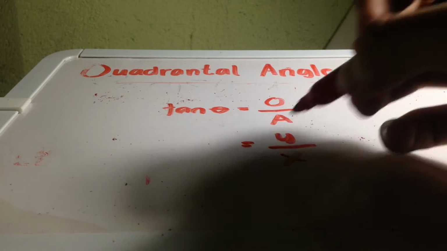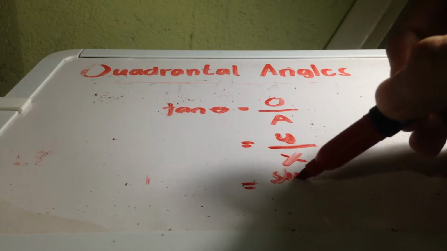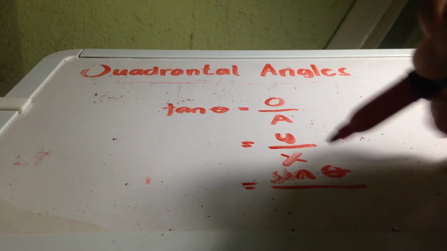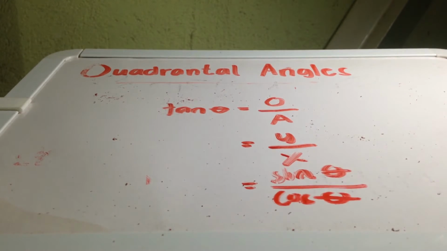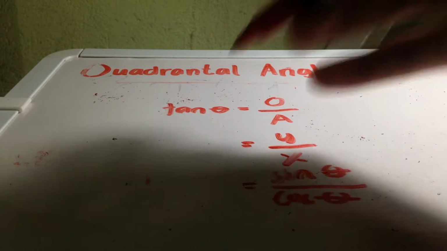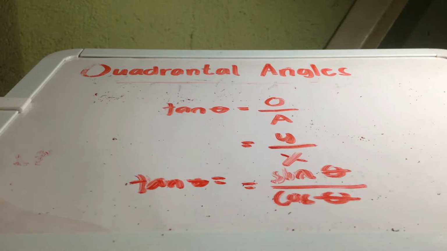Y-axis is your sine theta and x is cosine theta. It's just substitution method. That's why we derived that tan theta is equals to sine theta over cosine theta.